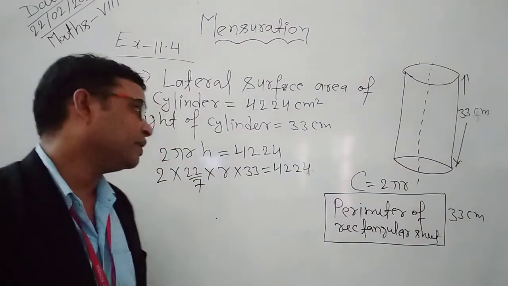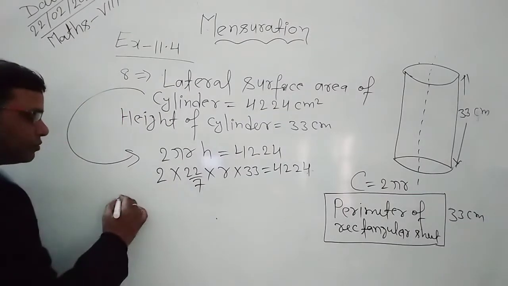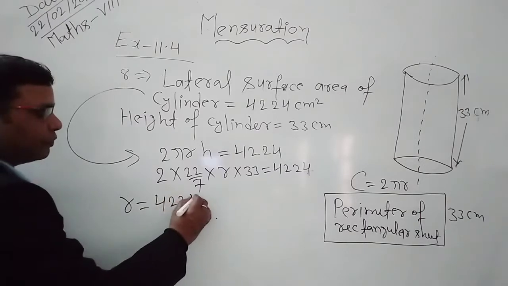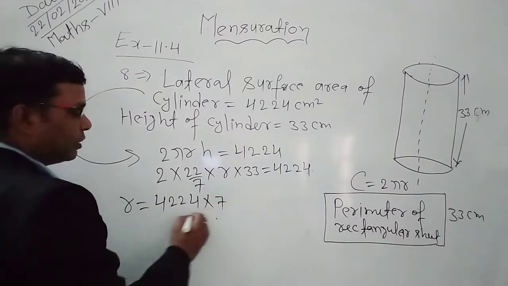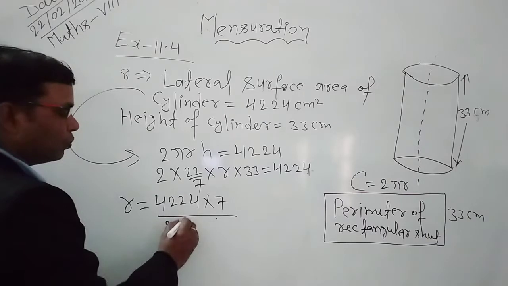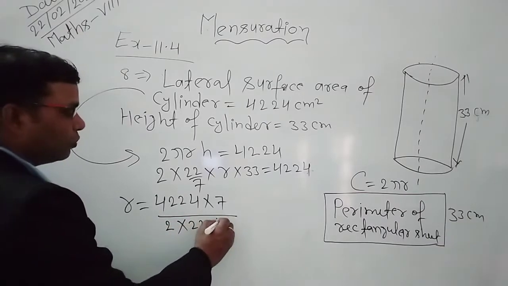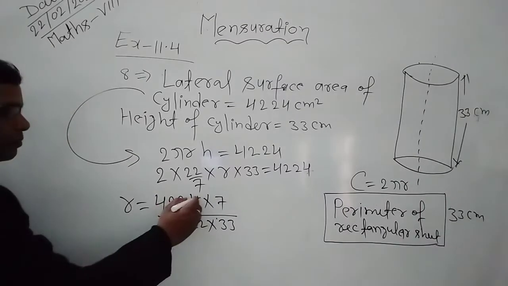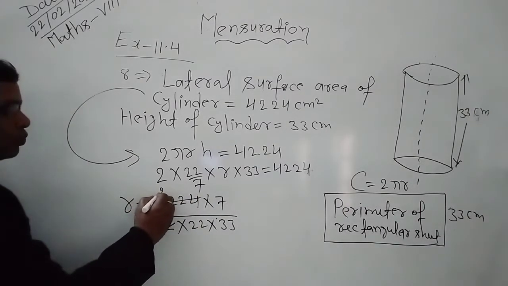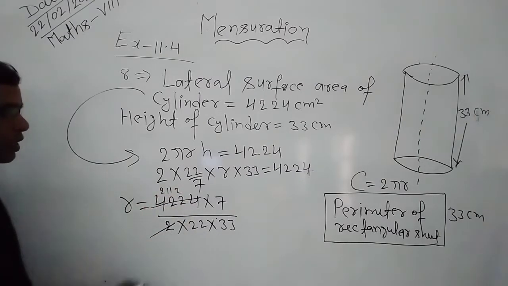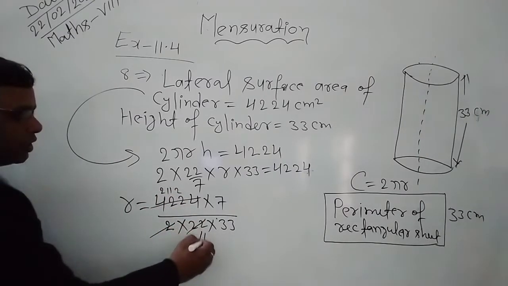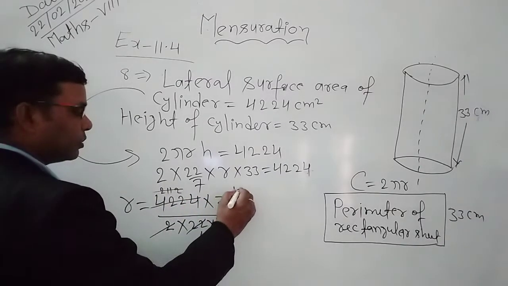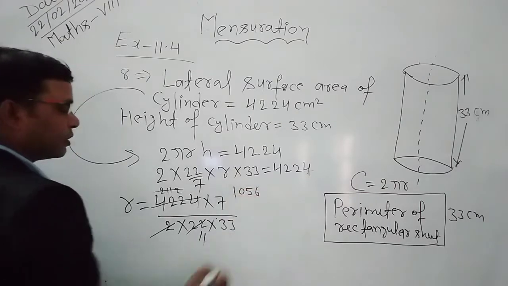Now we simplify it. Then you will get r is equal to 4224 into 7 divided by 2 into 22 into 33. Okay, if you cancel it by 2, then you get here 2112, and again you can cancel it by 2, then you get here 11 and there you get 1056.